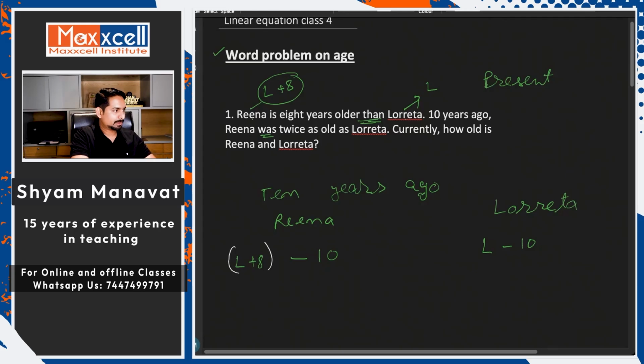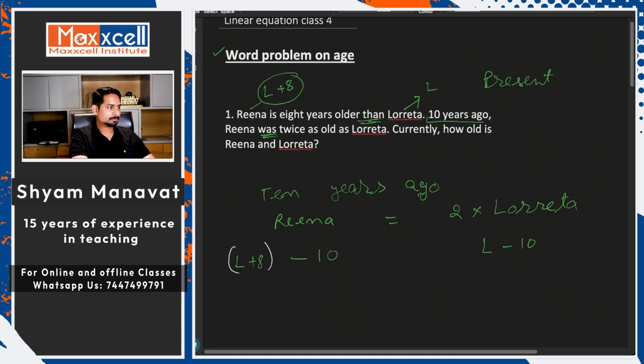Yeah. So the question said Reena was, so Reena equal to twice as old as Loretta. Twice, two times. Two times. Did you understand this? How did I convert this statement into equation?